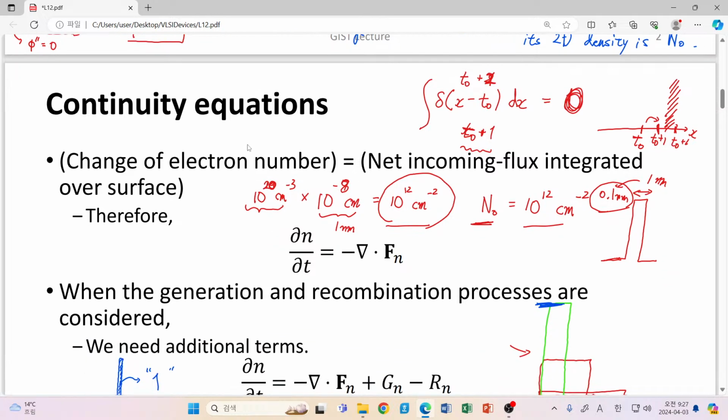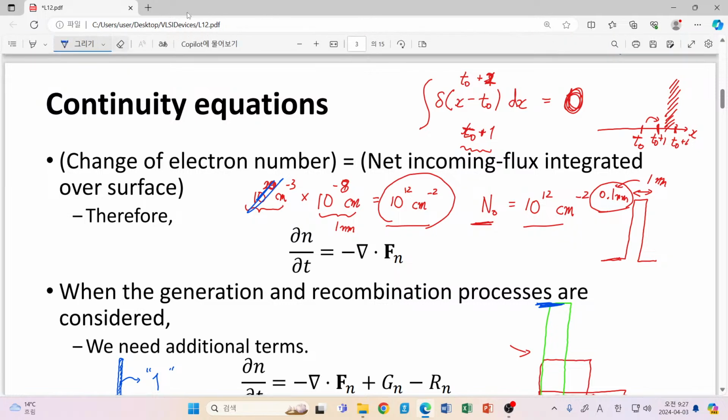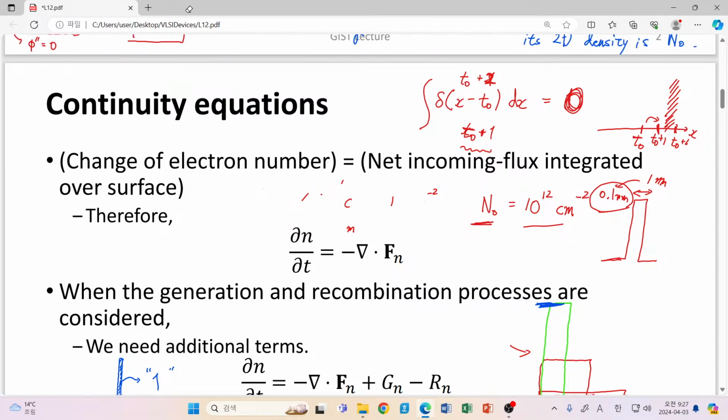so now in the previous lecture we have spent quite a long time on the continuity equation, so I hope that all of you understand now the concept of continuity. Continuity equation is just counting number of particles.